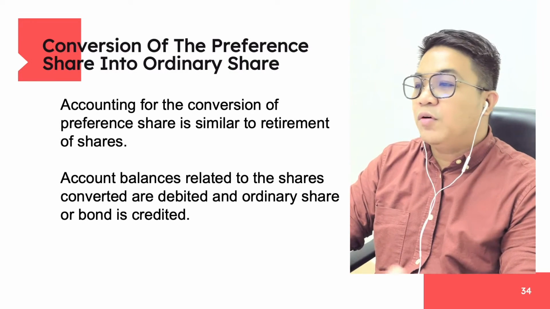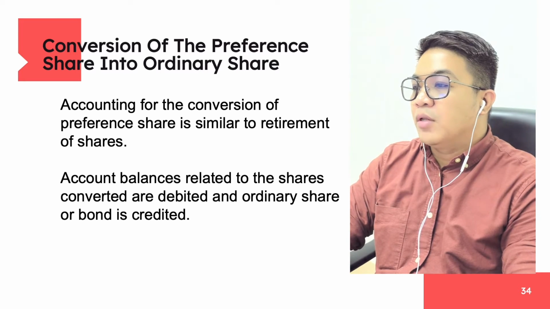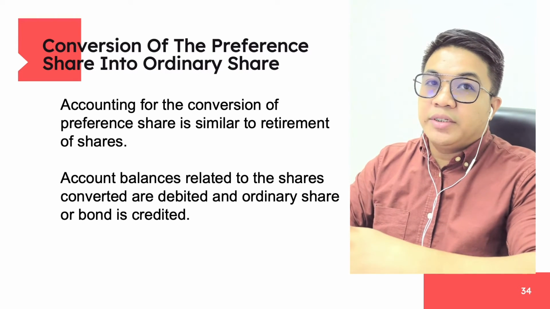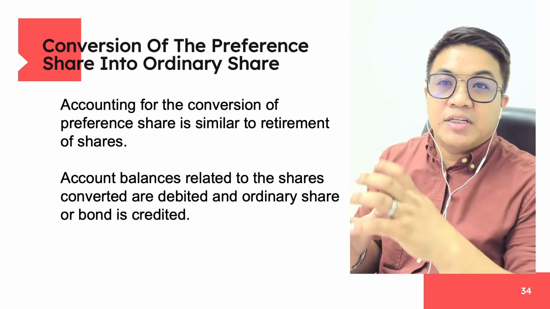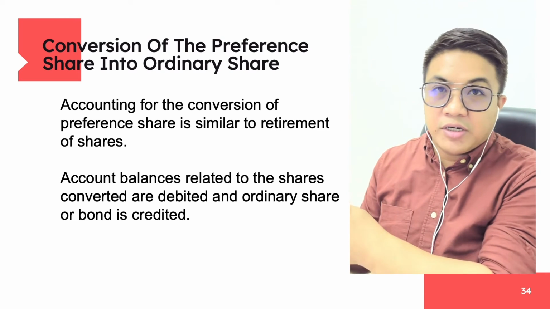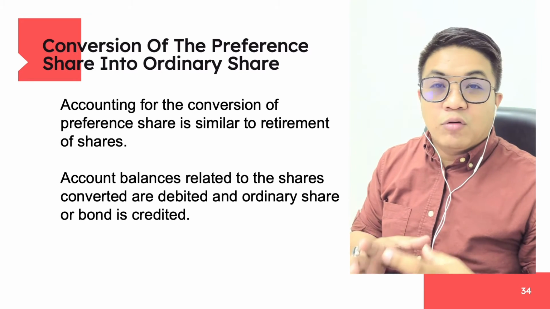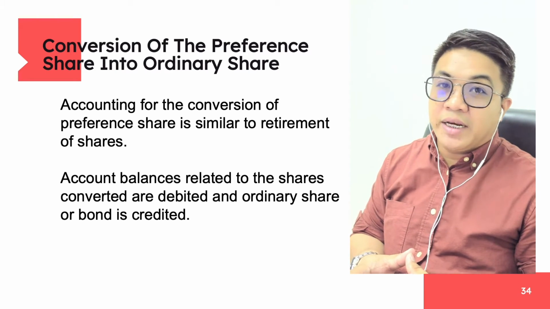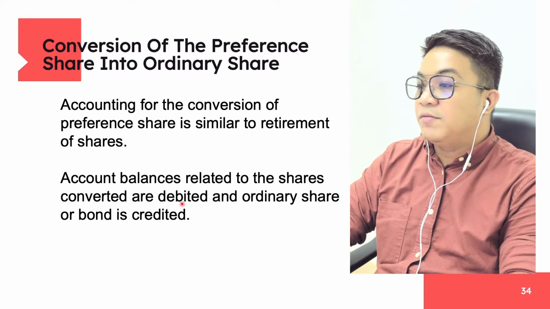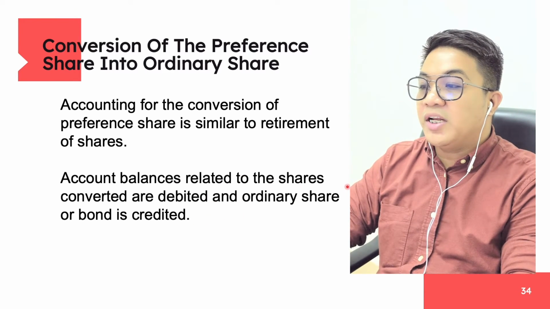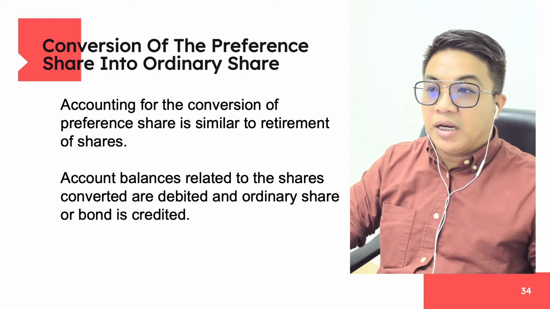So, yung accounting for this conversion of preference share no to a similar or to retirement of share. So, parang same lang din siya. Parang ni-retire mo yung preference share, then you just recognize another new ordinary share. So, yung account balances related to the shares converted are debited and ordinary share or bond is credited.